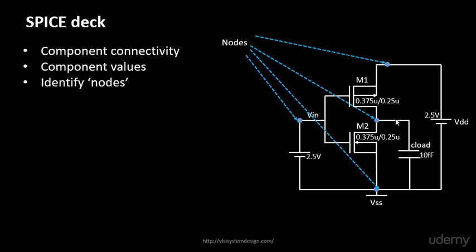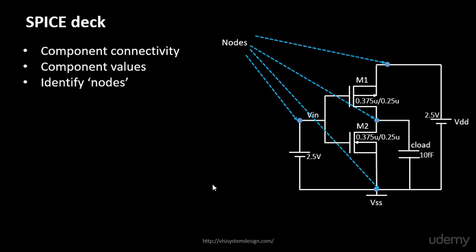Had there been a resistor over here, there would have been another node present over here. Since there is nothing between this point and this point, this can be considered as a single node. These nodes are required to define your SPICE netlist, and I'll show you in some time how they are important. Similarly, VDD can be very well defined between this node and this node.